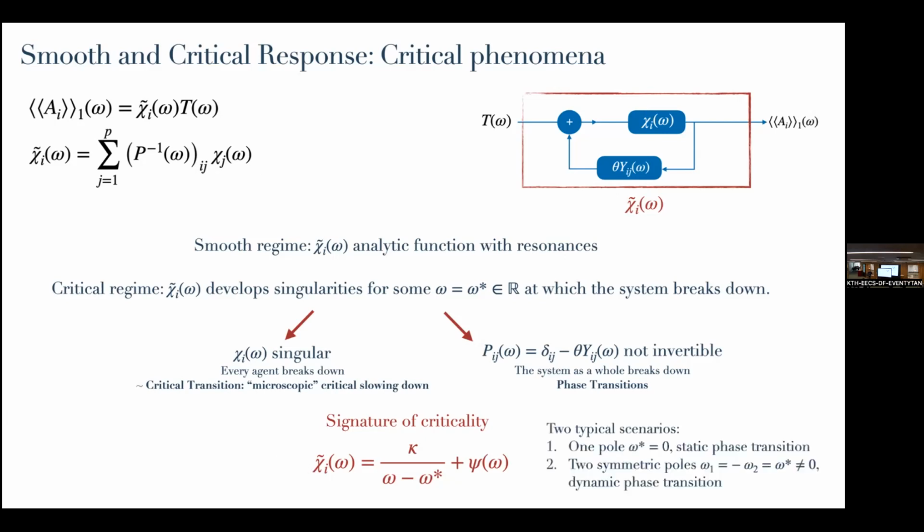And we identify two typical scenarios. One is when this pole is 0, where you have a static phase transition. So basically, the system doesn't exhibit any oscillations. And the other typical scenario is when these poles are symmetric and you have a pair of these, meaning that you have some oscillations happening in the system.